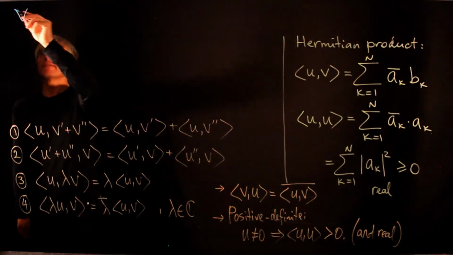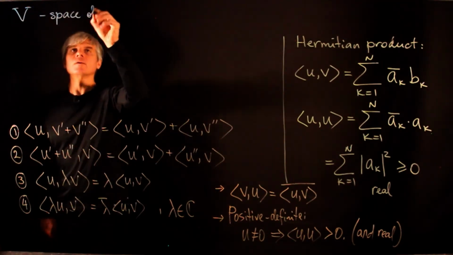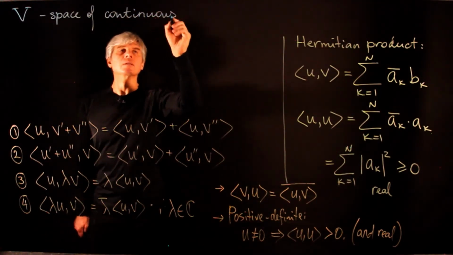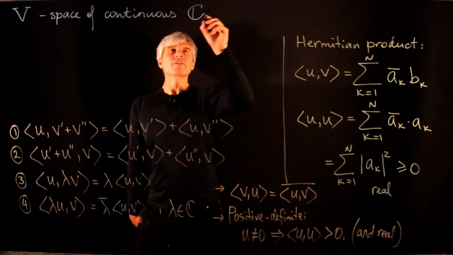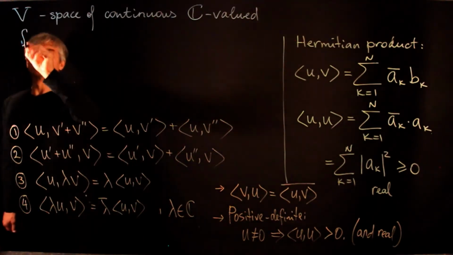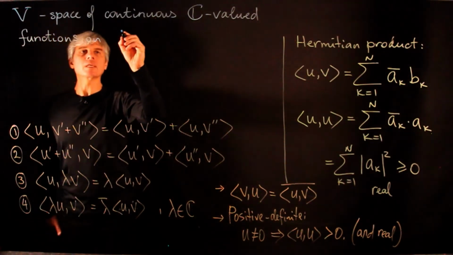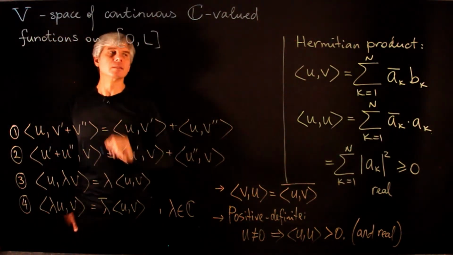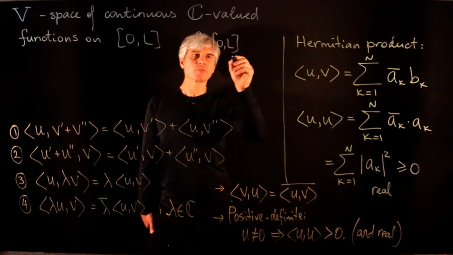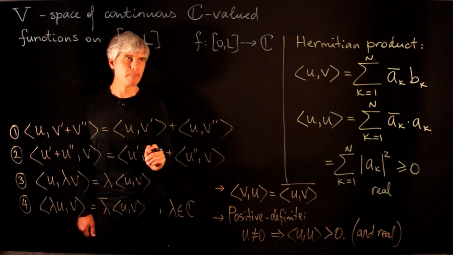Let V be the space of continuous complex valued functions on the interval 0 to L. So we have functions from 0 to L, where the argument of the function is real, but the value of the function is allowed to be complex.